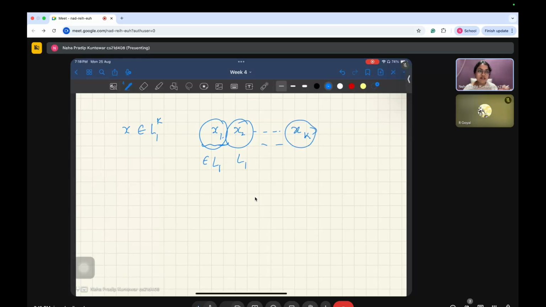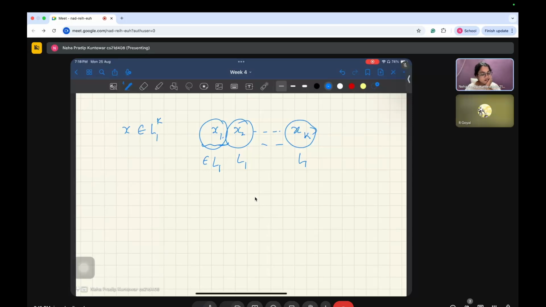So there are k many inputs that we know are in L1, and if you take a concatenation of them, then the resultant string is also in L1 to the k. Yes, that is what it means.